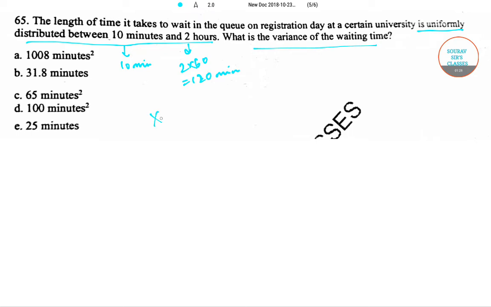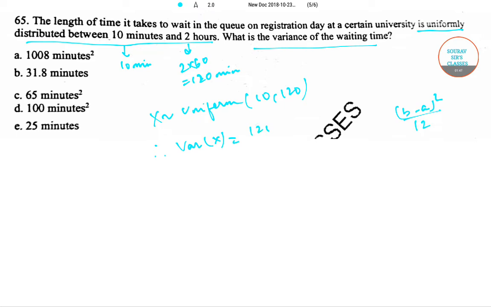So over here x follows uniform 10, 120. Therefore, variance of x is equal to, as we had done in the previous sums, (b minus a) squared by 12.